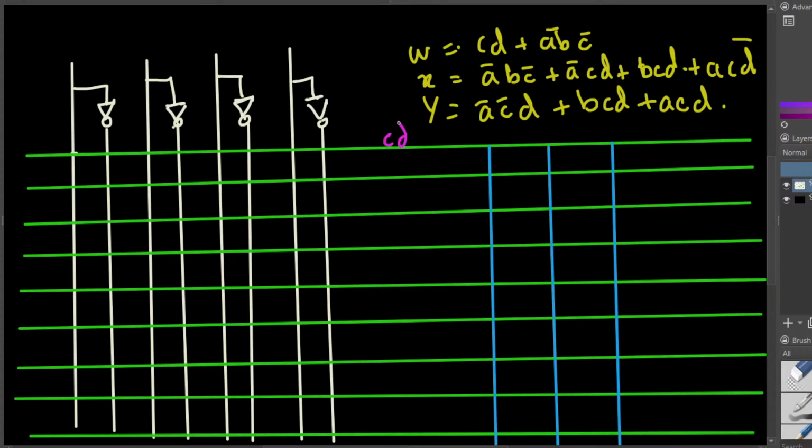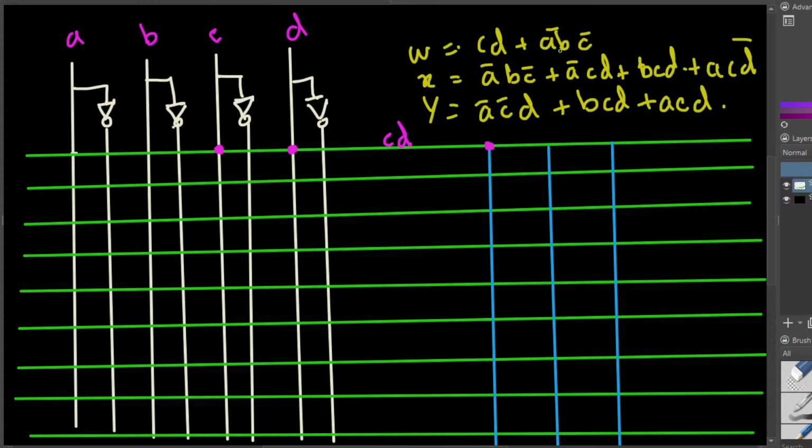So it means we have a point at C. This is A, this is B, this one is C, this one is D. Oh, that's wrong, Control Z. Okay, we have a CD, so a point at C right here, and D. That's for the first one, and that's connected with W. So we put a dot right here.